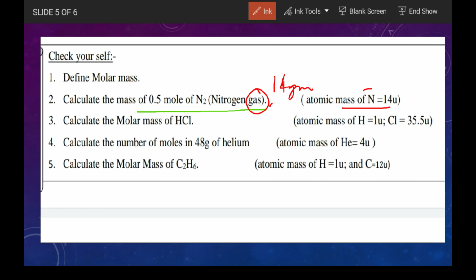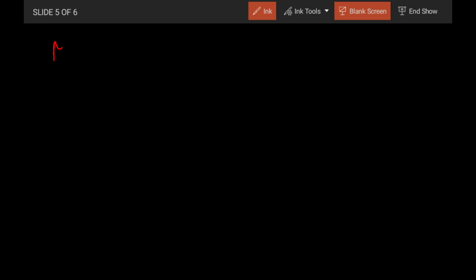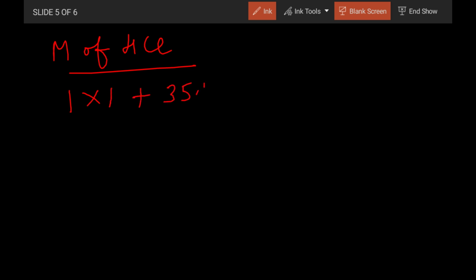Okay, now we'll calculate the molar mass of HCl. We know that the mass of H, hydrogen, is 1, number of atoms is 1. Chlorine mass is 35.5, number of atoms is 1.